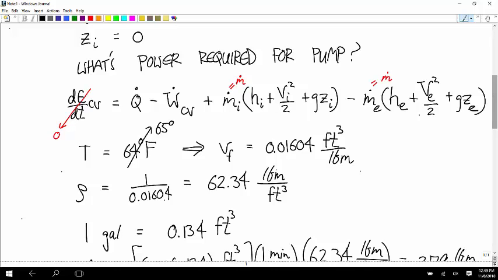And well, I sort of got sidetracked. So let's finish simplifying this equation. It says there's no heat transfer, I believe, so we're ignoring heat transfer.